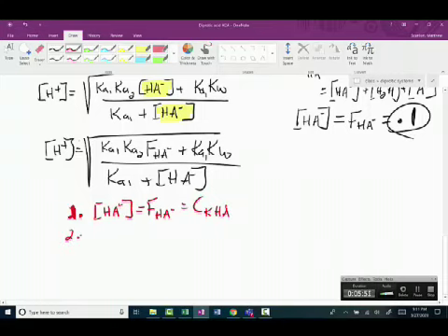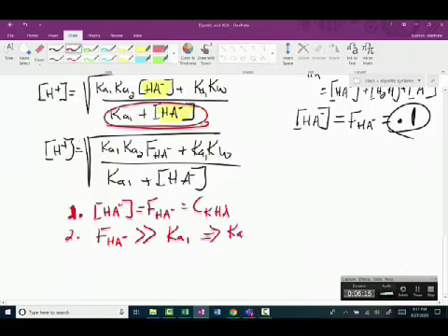Number two is that if I look at the bottom of this, Ka1 is typically a small number, so the formal concentration of HA minus, which is 0.1, maybe 0.01, is typically very much greater than Ka1, which implies at the bottom up here, Ka1 plus the formal concentration of HA minus is going to be equal to the formal concentration of HA minus. I made a mistake. This should be the formal concentration of HA minus.